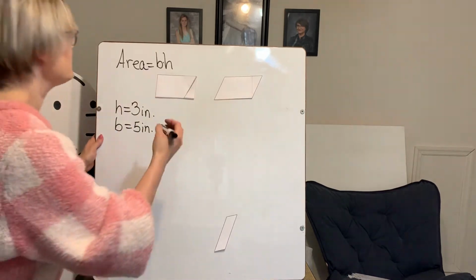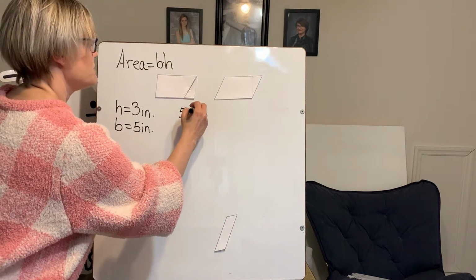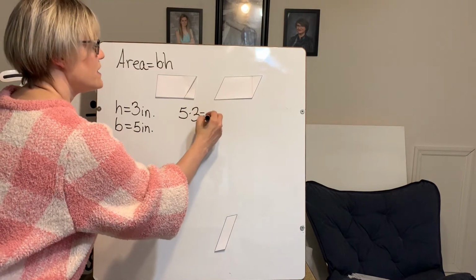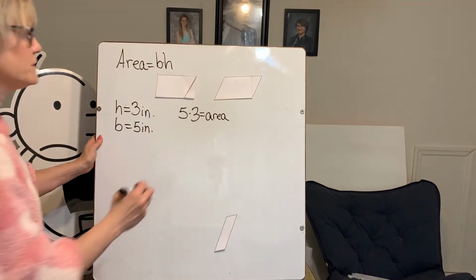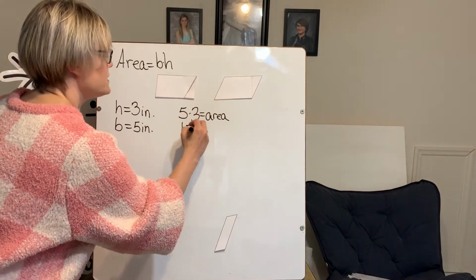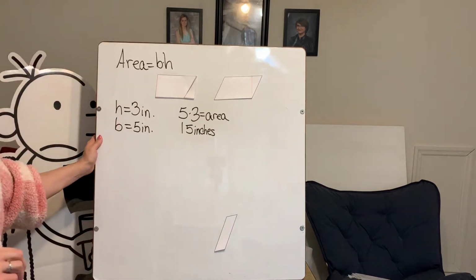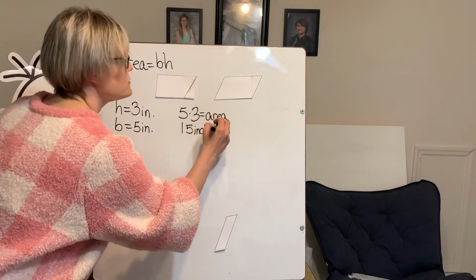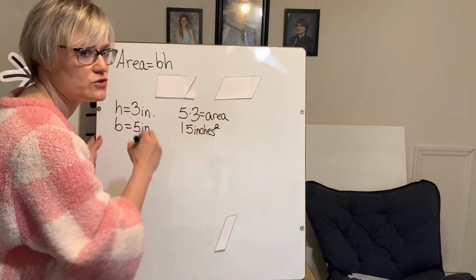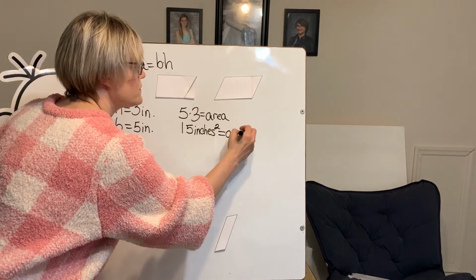So I know that 5 times 3 will give me the area of this parallelogram. So 15 inches. Now, what do we know about area? It's squared because it squares within the figure.